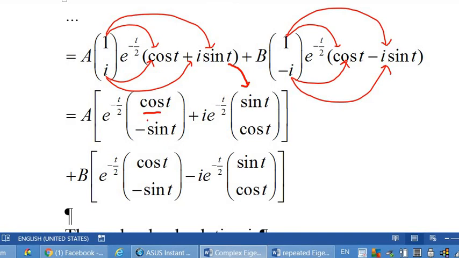And then for the second row, this term is actually exponent negative t over 2 i cos t here. And then i multiplied by i is negative, so it's negative sin t exponent negative t over 2.